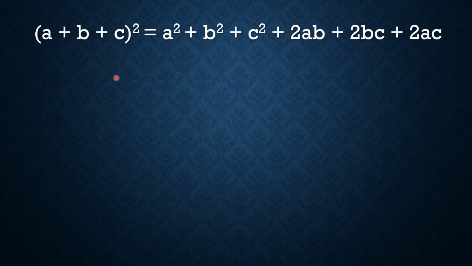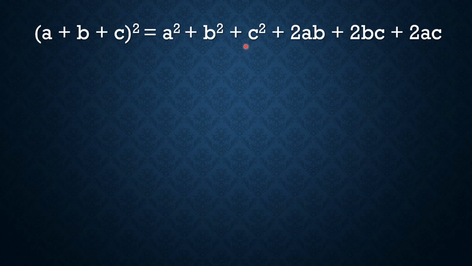Okay, so looking at this, mayroon tayong pattern na makikita na po pwede nating i-apply to all trinomials na ini-square natin. So first, kung mapapansin, we just need to get the square of each term. So square mo si A, we have A squared, square mo si B, that's B squared, square mo si C, and that is C squared.